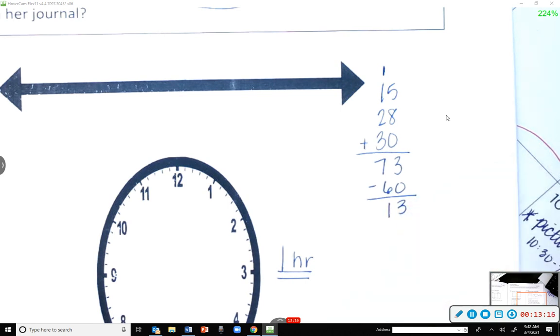So instead of saying Javea spent 73 minutes in her journal, we would say she spent an hour and 13 minutes in her journal. Okay? Any questions? All right, let's flip the page.